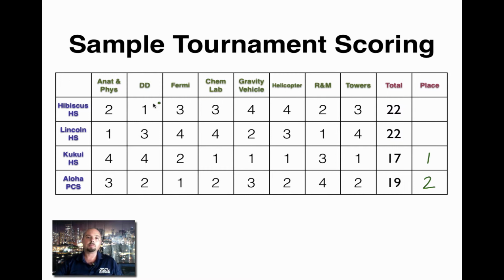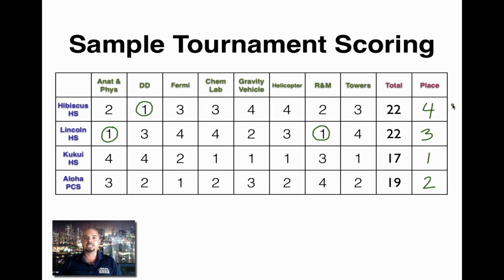We look at the number of first places in events, and we see that Hibiscus High School has a first place medal in disease detectives, but Lincoln High School has 2 first places in anatomy and physiology and in rocks and minerals. And because Lincoln High School has more first places than Hibiscus High School, they will have a rank of 3rd place, and Hibiscus High School, I feel kind of bad for them. I feel like we're picking on them right now. But they have 4th place in this scenario as well.